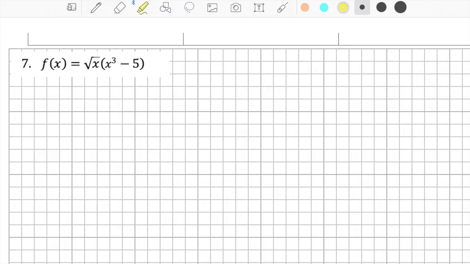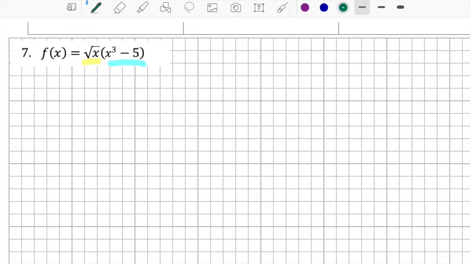Okay, so this one is a little bit different. Now we have the product of two functions. So here we have square root of x times x cubed minus 5. And let's check the domain of both. That's what we need to do first.